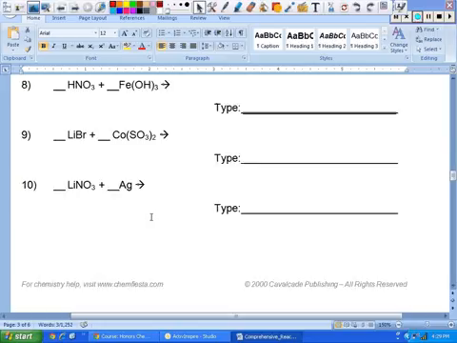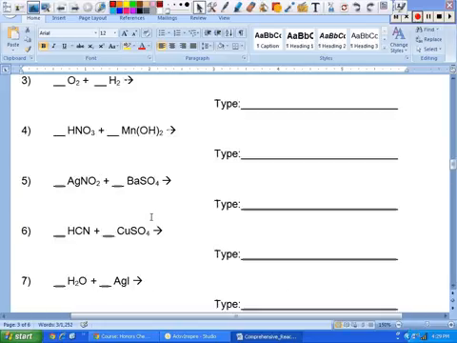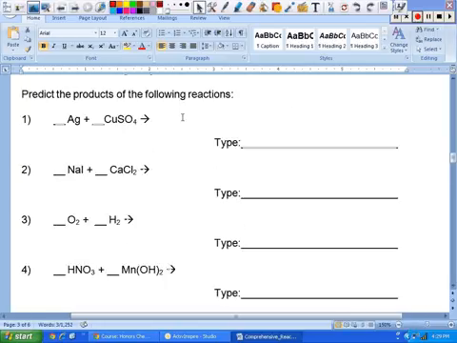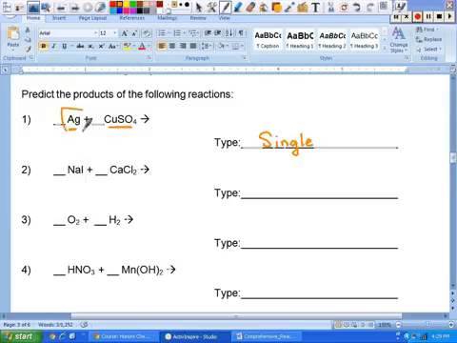So looking at number 1, the first thing I know is that this is one single thing trying to jump into a compound. So I know that this is single replacement. Nothing harder to figure that out. That is one element, silver, trying to jump into copper 2 sulfate. So this is a single replacement.